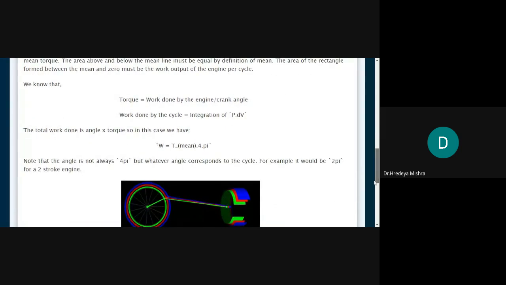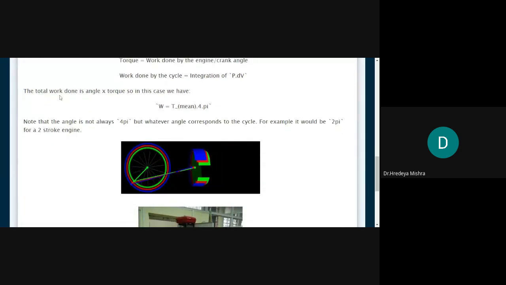So here the total work done is angle times torque, in this case W equals T mean times 4 pi. Note that the angle is not always 4 pi, but whatever the angle corresponds to the cycle, for example, it would be 2 pi for a two stroke engine.